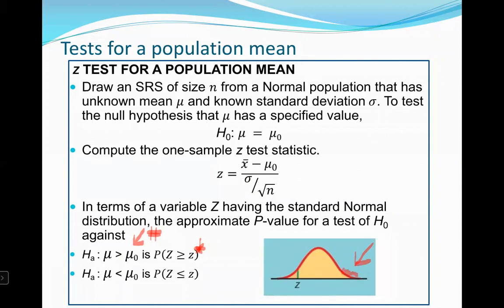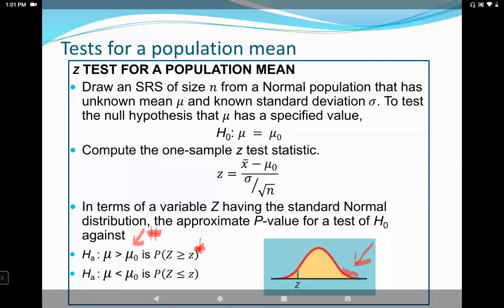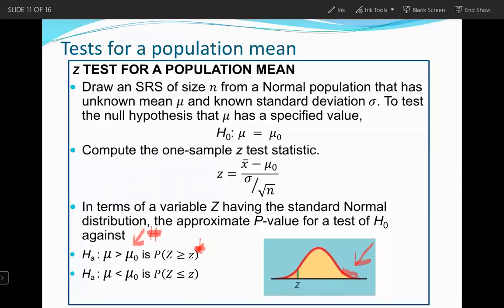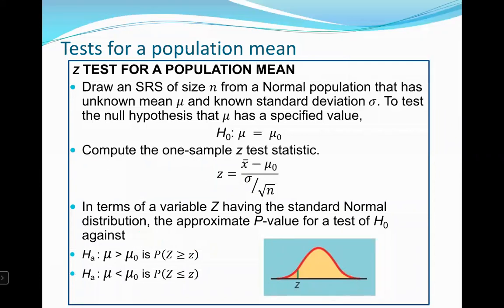Looking at the next one, let me clear that screen for you. Now mu being less than mu naught is looking for the probability that your z score from above is more extreme to the left of a given critical z value.